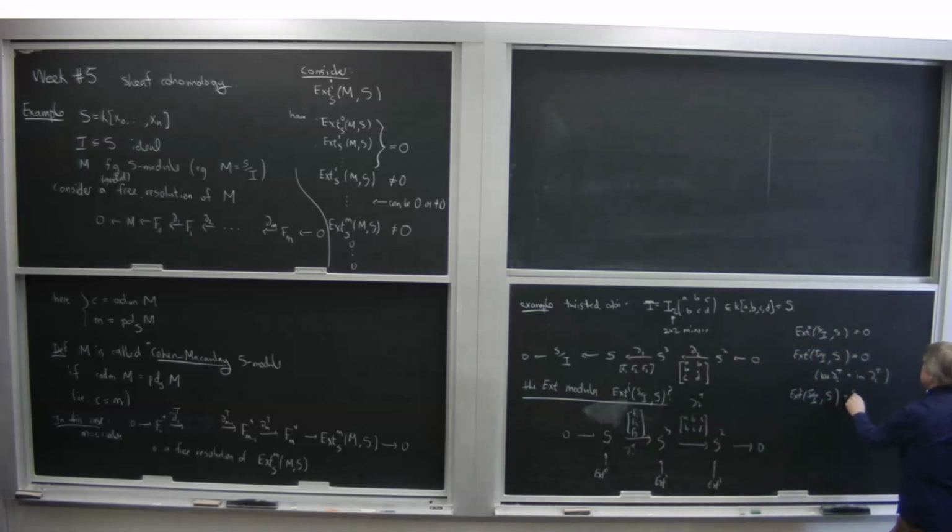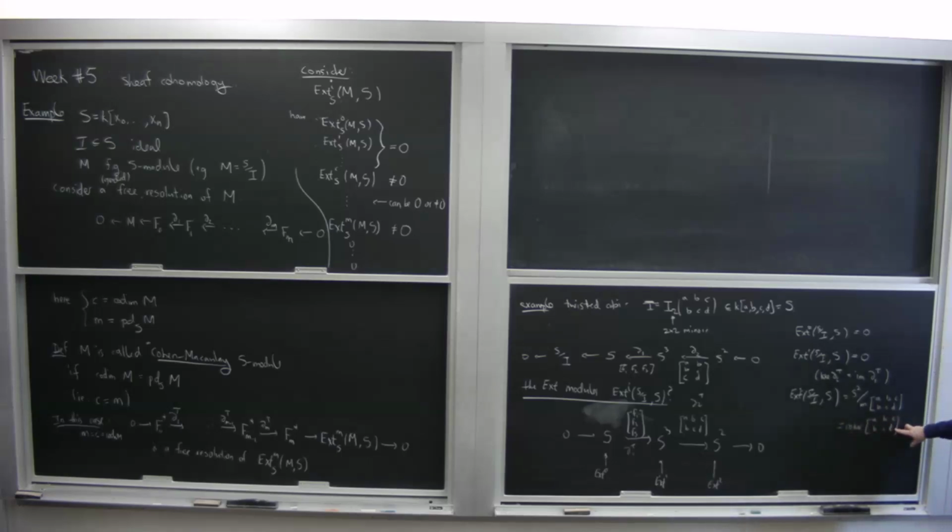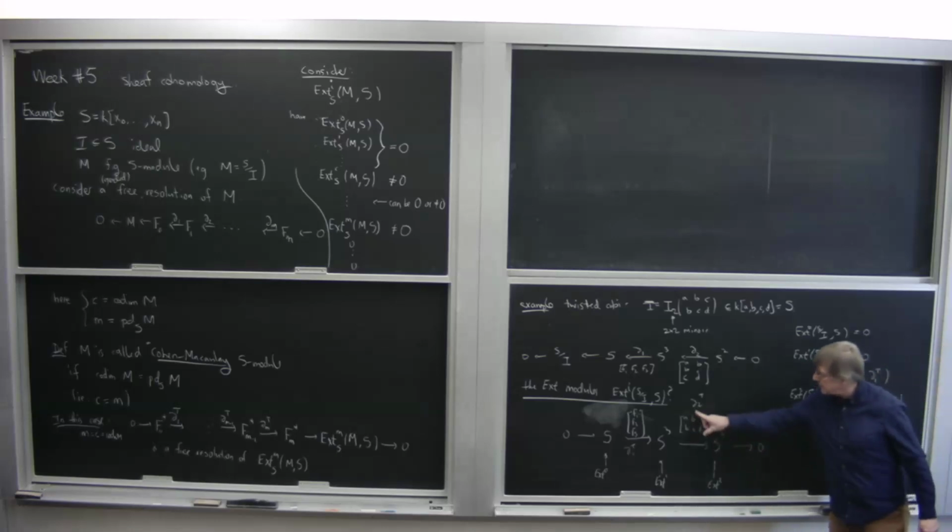So that's equal to S^2 modulo the image of the matrix ABC, BCD. But this is also equal to the cokernel, just by definition, of the matrix ABC, BCD, which makes this the presentation matrix of this module, because it's generated by 2 things with the relations, 3 different relations, A times the first generator plus B times the second generator, 0, and so on.